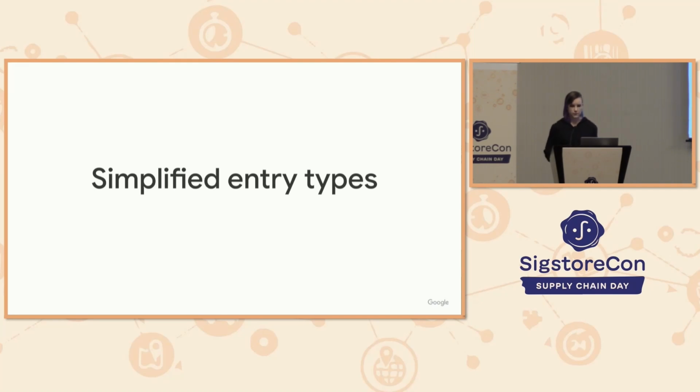We just want to reduce the overall surface area of the API and push that canonicalization back down to the client. And it turns out, as Hayden said, that for the most part, clients are already happy with this. They're already using a very small subset of the entry types that Rekor provides. So it might be that offering them in the first place was putting the cart before the horse, in a sense, solving a problem that clients didn't really need solved.